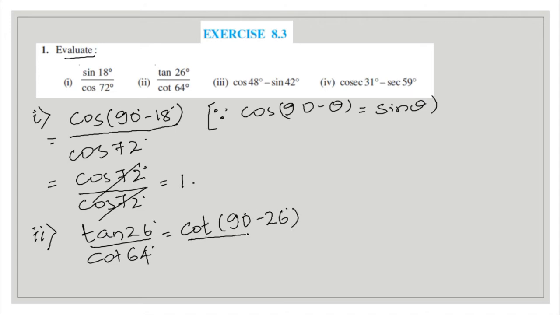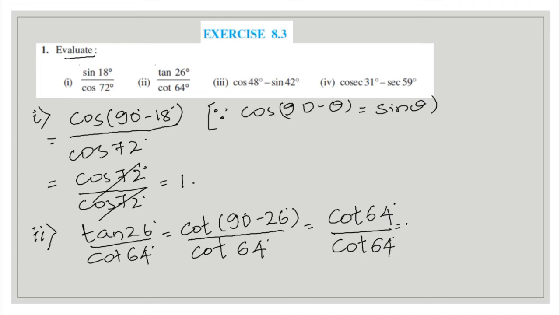The reason is tan and cotangent are complementary as well as reciprocal. Here the numerator becomes cot 64 degrees and the denominator is also cot 64 degrees. They get cancelled, we get the result equal to 1.